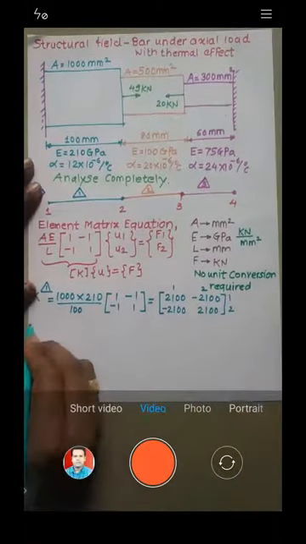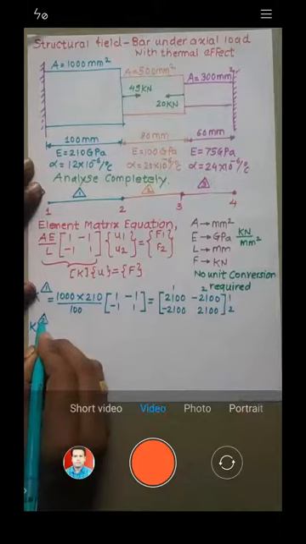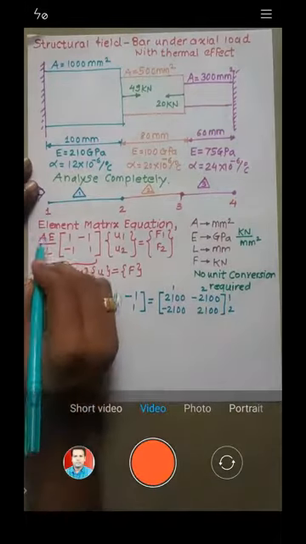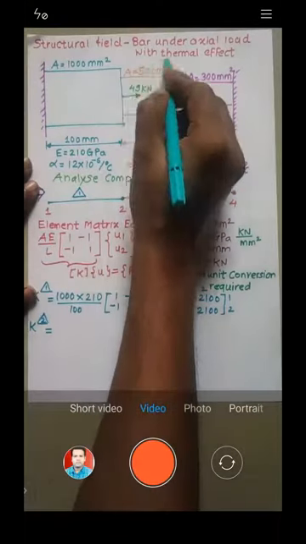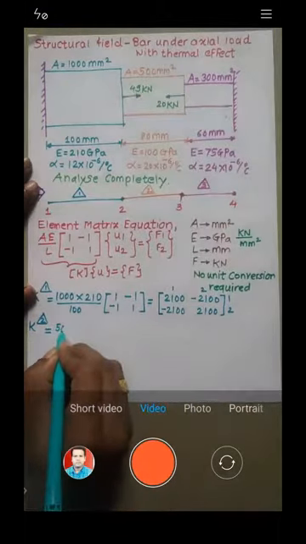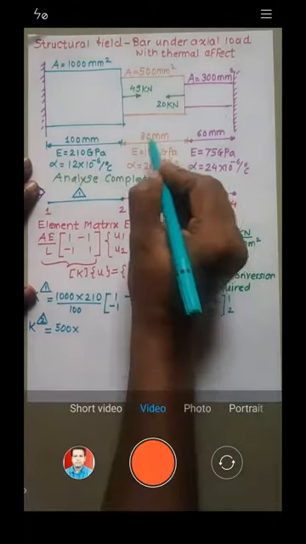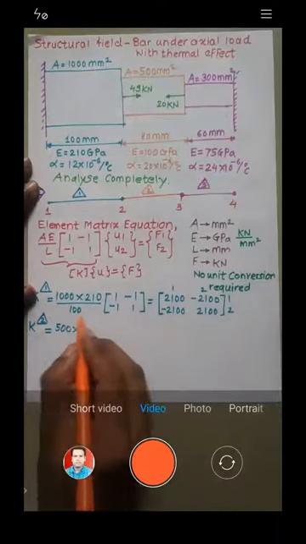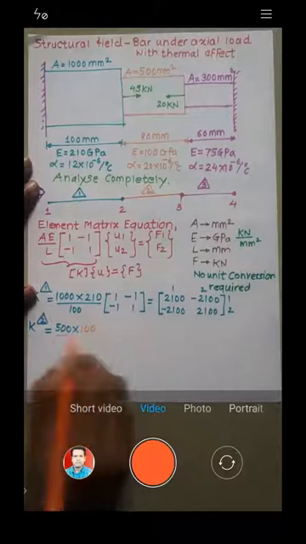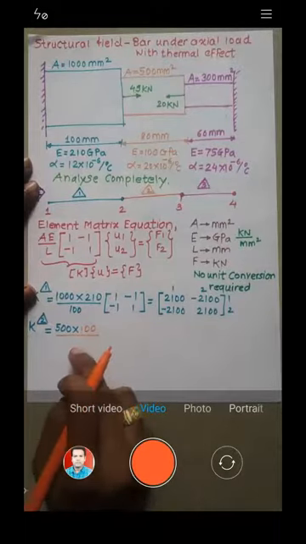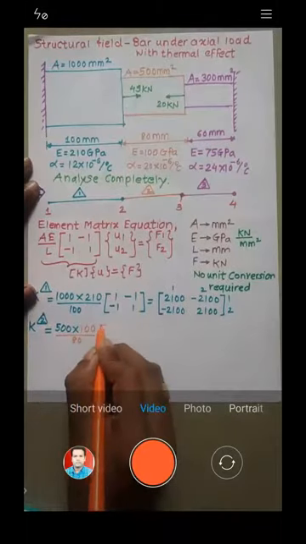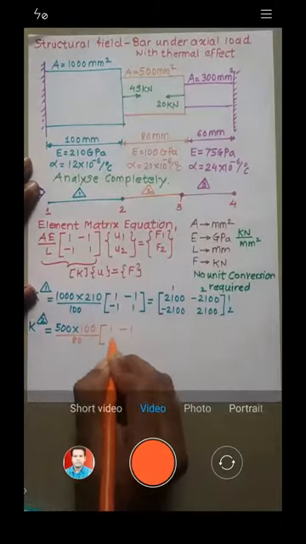Now let's do the stiffness matrix of element number 2. For that we require area of element number 2, it's 500, into E of element number 2, that is 100, divided by length of element number 2, it's 80, into 1 minus 1, minus 1 1.